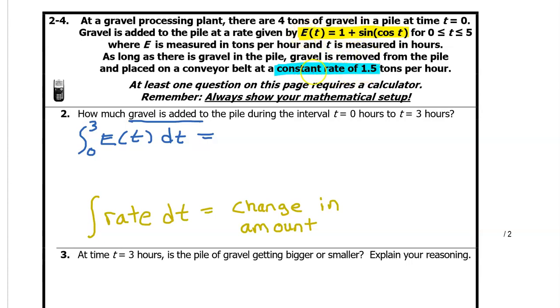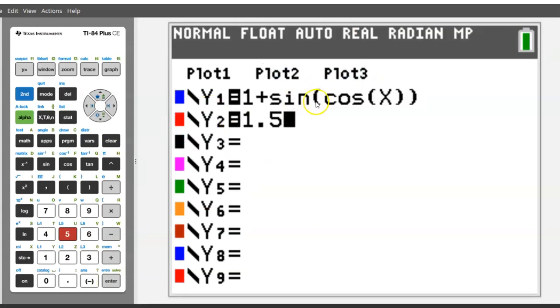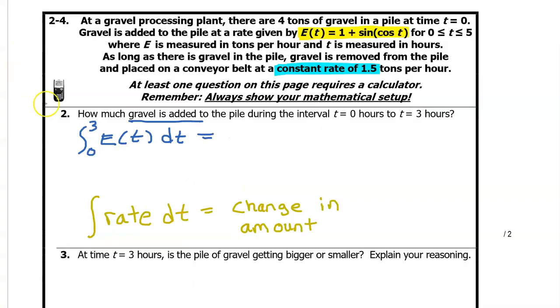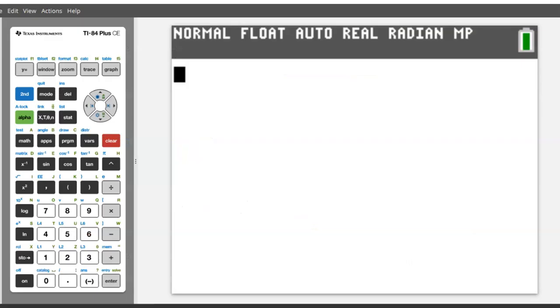Let's put both of these functions in our calculator as y1 and y2, like this. I can now evaluate this integral, and if I need to deal with function e later, I won't have to type it in again. For the integral, we do math 9. We want to integrate from 0 to 3.